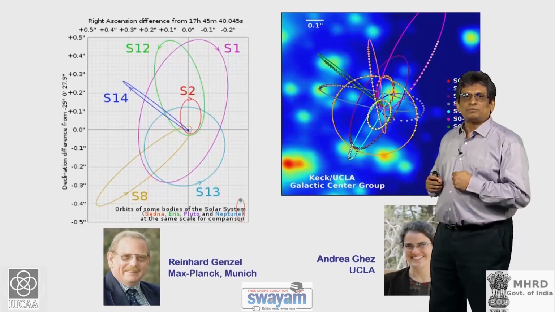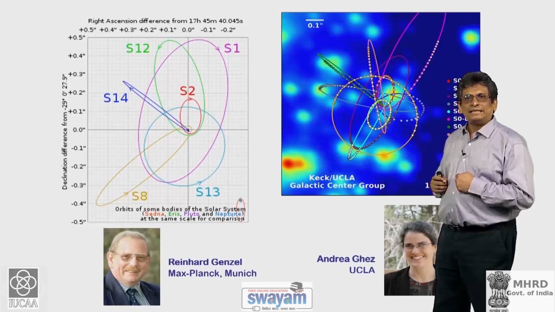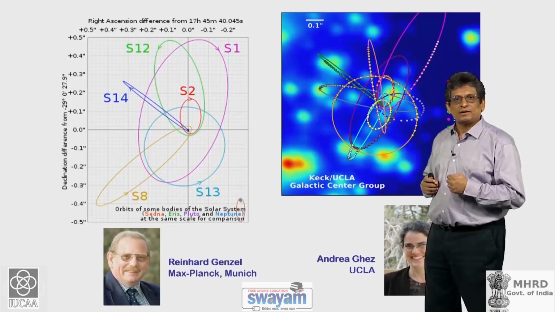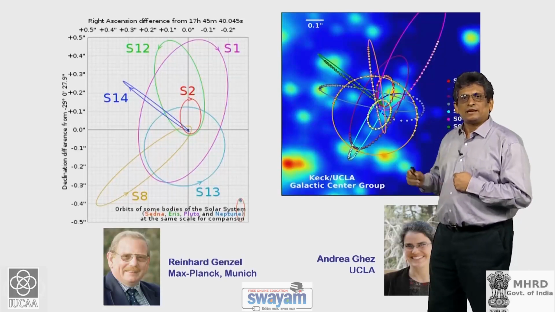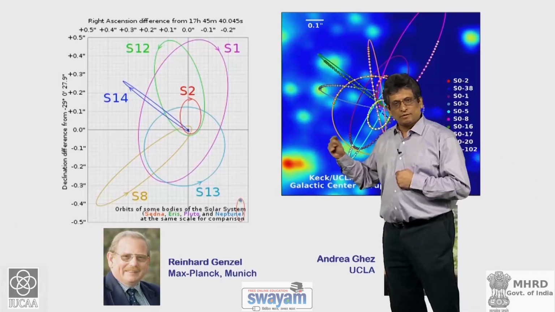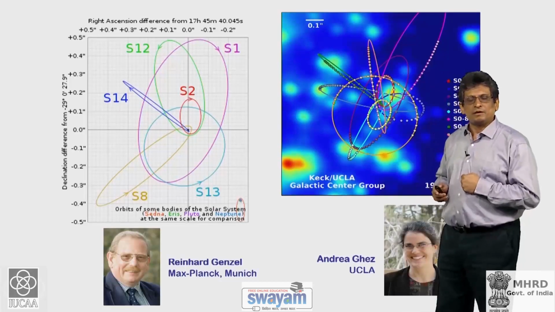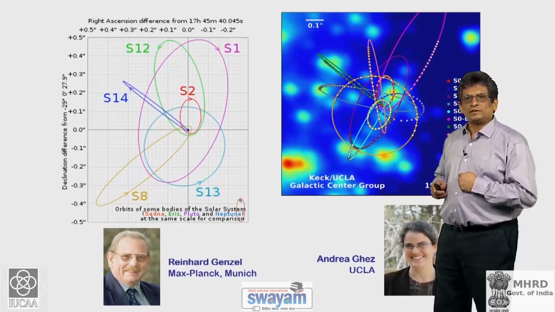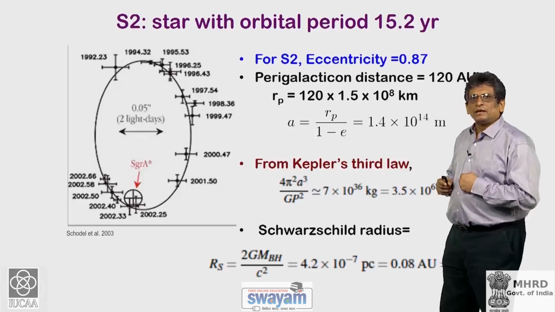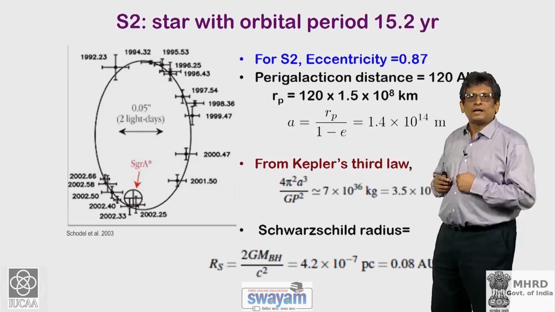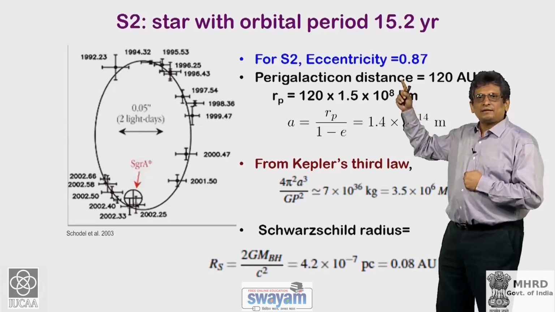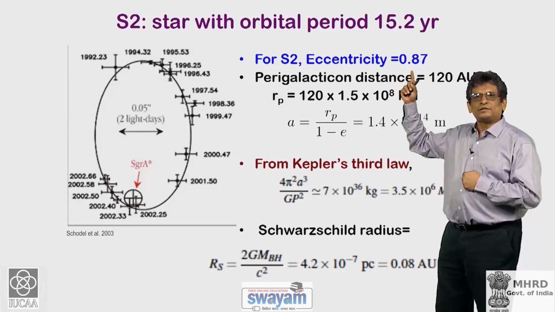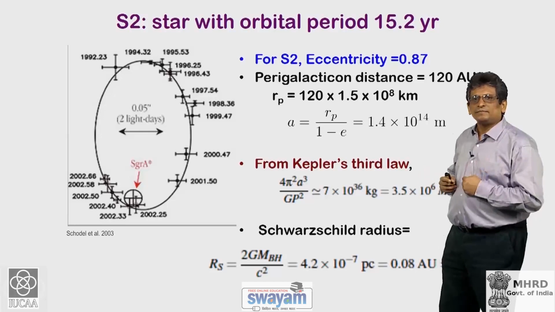And in both cases, what they have found from these orbits of stars that are marked S1, S2, etc., is that you can get an independent measure of the central object in the Milky Way from Kepler's laws. So what you do is, for example, S2 has an orbit of 15 years, and it has a very large eccentricity, not like in the solar system.